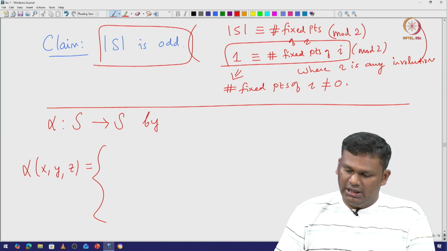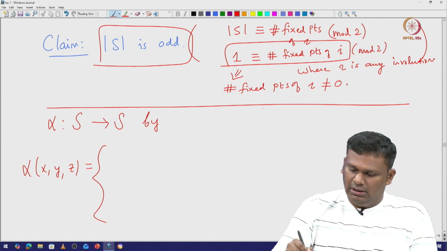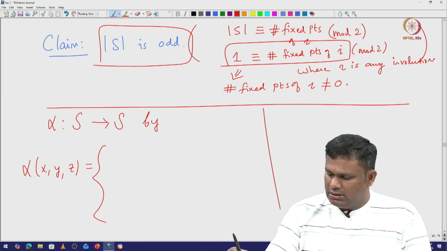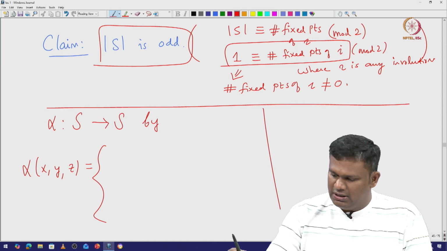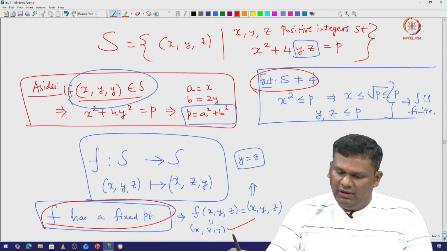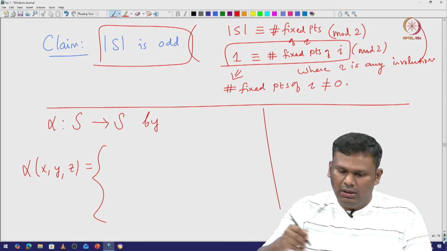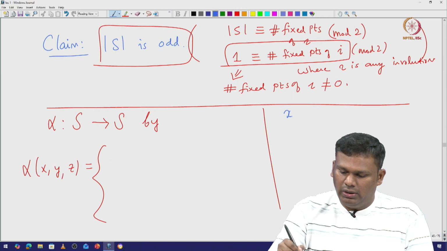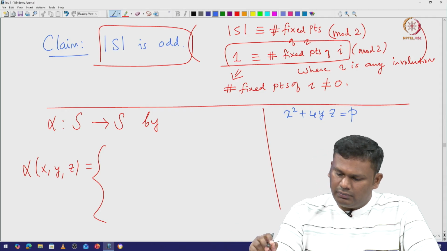So, let us try to understand the cases that actually appear. If you go back to the equation that we have, x square plus 4yz is p. So, x square plus 4yz is p, that is what we have.